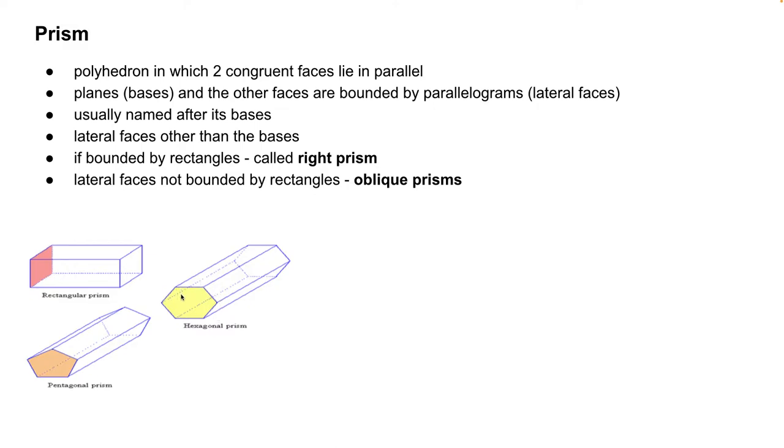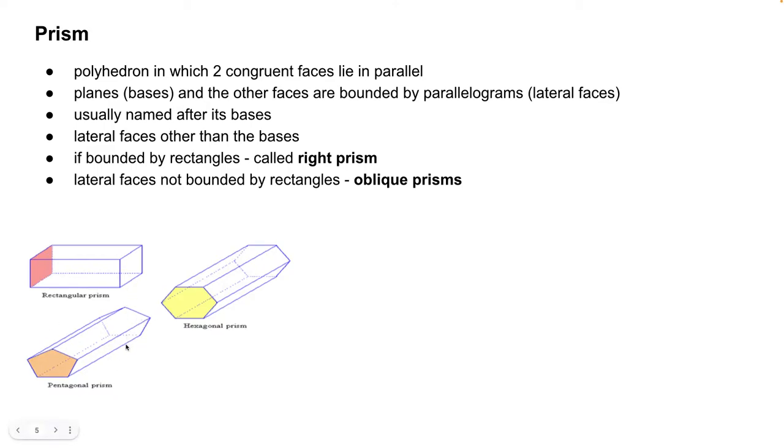So we call this a hexagonal prism, right? These two are parallel bases, hexagonal prism. For this one, pentagonal prism, right? We have two congruent faces that lie in parallel. Okay? And those bases and the other faces all around, as you can see, the faces are always rectangle shaped.